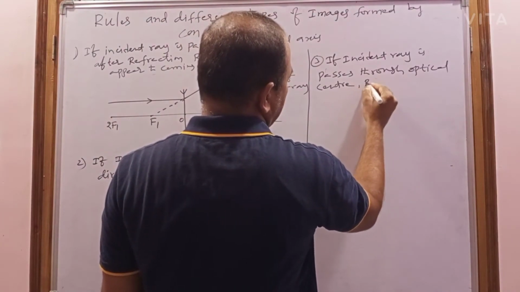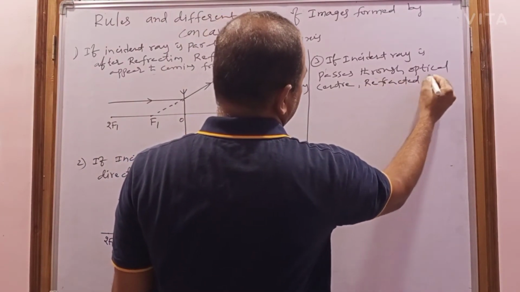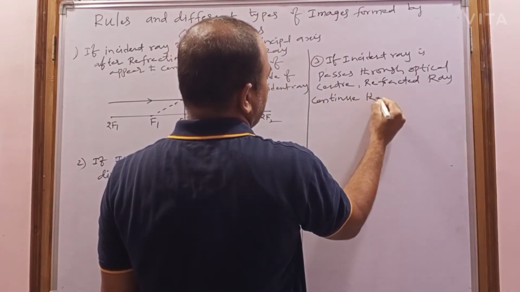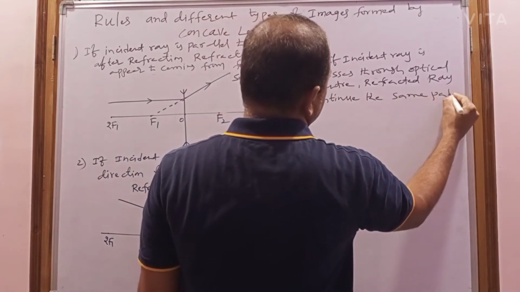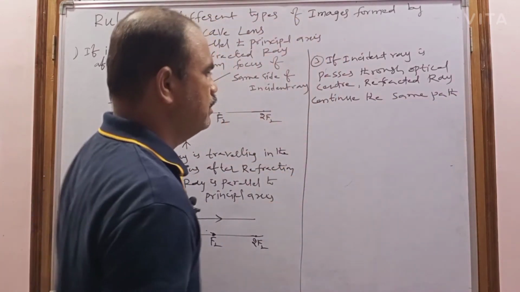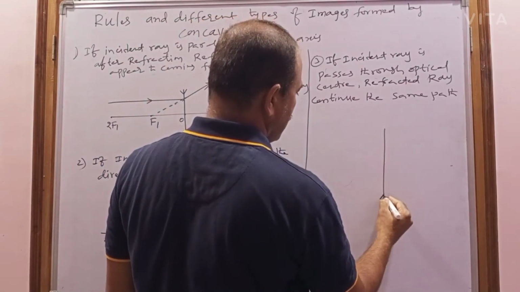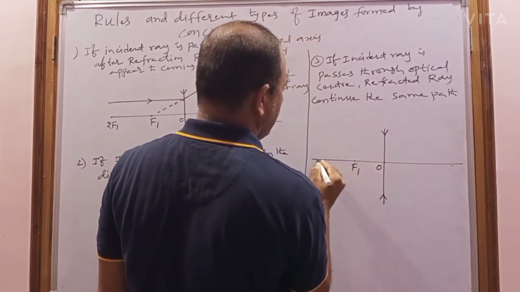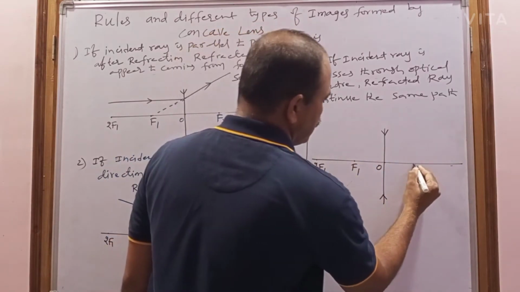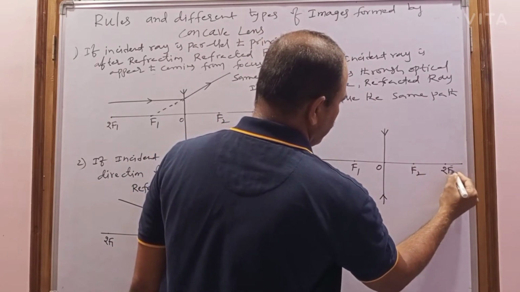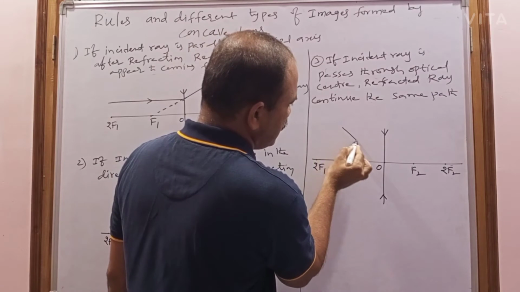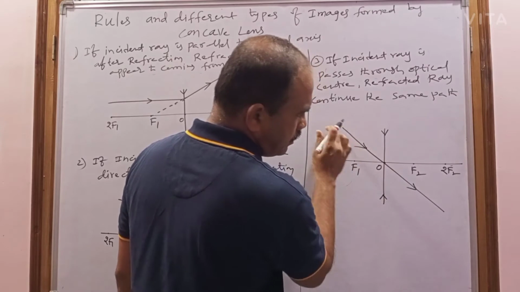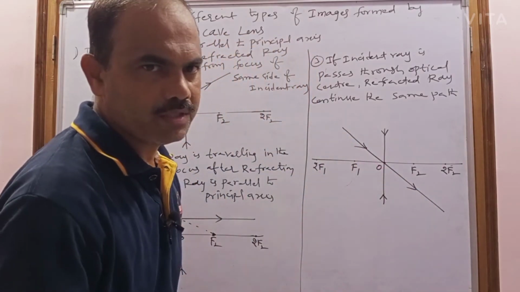That means it goes the way it comes. Consider this is the concave lens, the optic center, F1 and 2F1 or C1, this is F2 and this is 2F2 or C2. Imagine this is the incident ray traveling to the optic center. After refraction, the refracted ray also continues the same path without deviation.